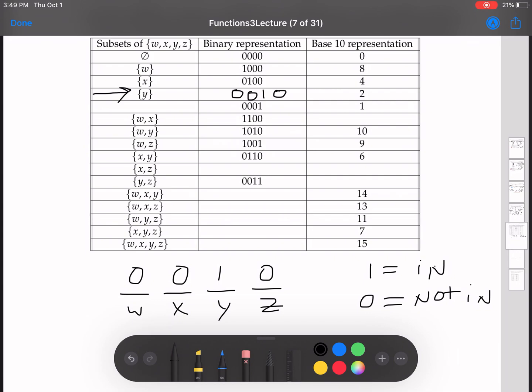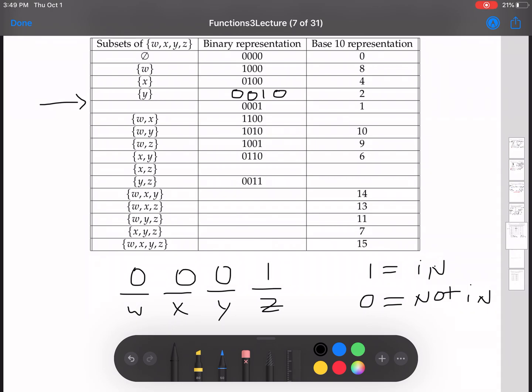Now moving down to figuring out what subset of w, x, y, z this is. We have 0, 0, 0, 1.